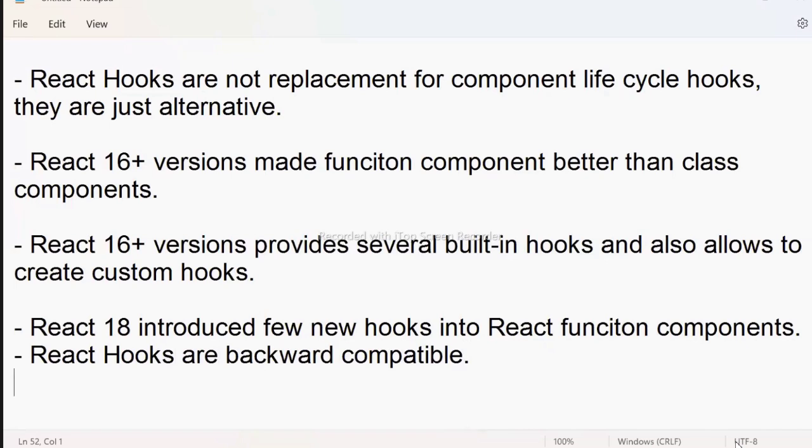Backward compatible means you wrote a hook in React 18, and when you run it on React 17, it will work. Those hooks are 100% backward compatible. The hooks are designed with 100% compatibility. That means a hook written for a higher version will work when run in a lower version. Backward compatibility is configured for that.